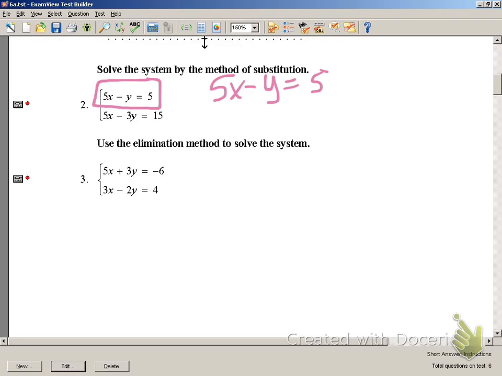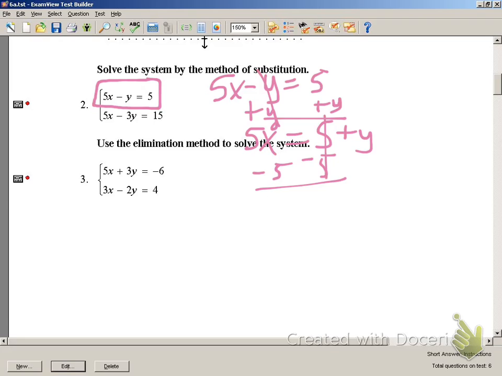In this case, I'm just going to add the y. So it gives me 5x equals 5 plus y. And then I'm going to subtract the 5 from both sides. So 5x minus 5 equals y. So I've solved that equation for y.